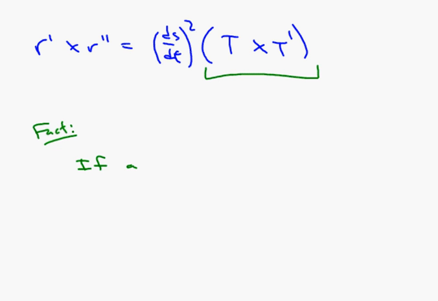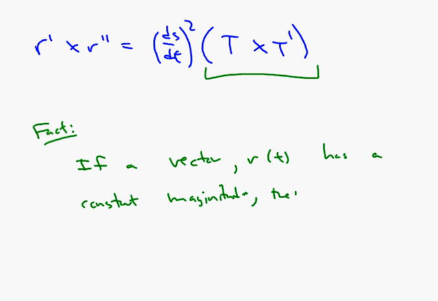If a vector, let's call it temporarily r of t, has a constant magnitude, then r of t is perpendicular to its first derivative. And that's a fun little fact. We should just show that real quick.